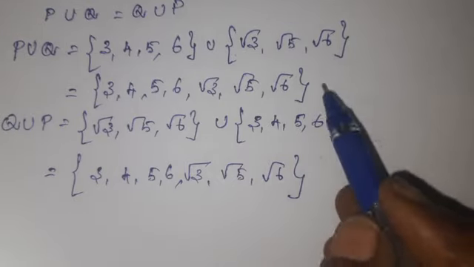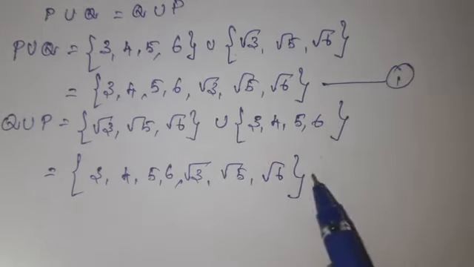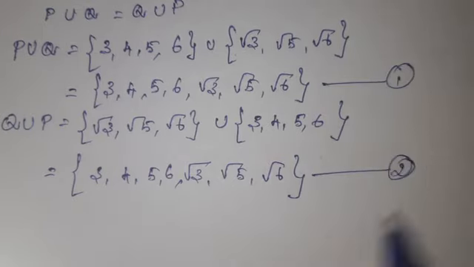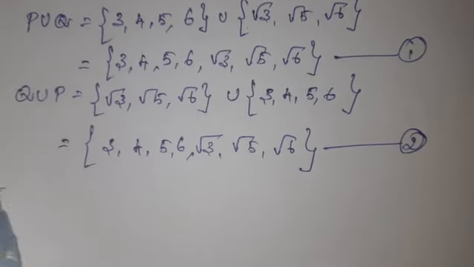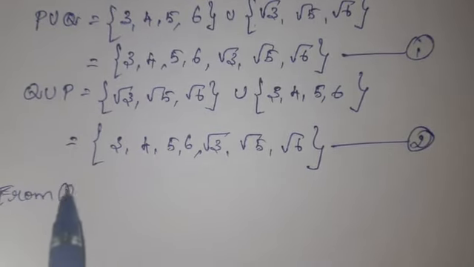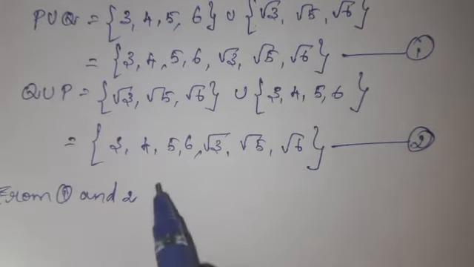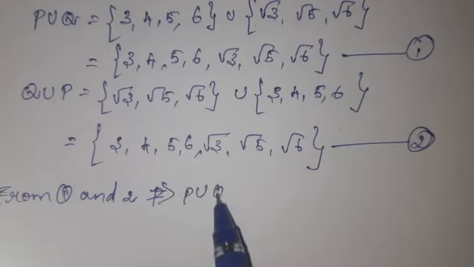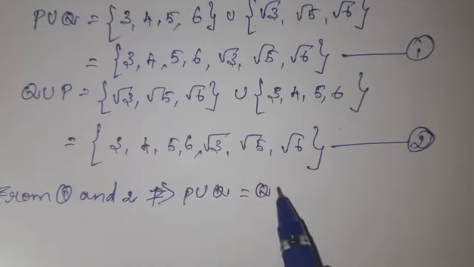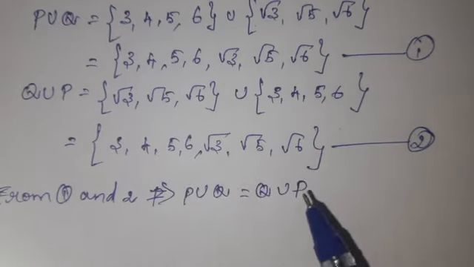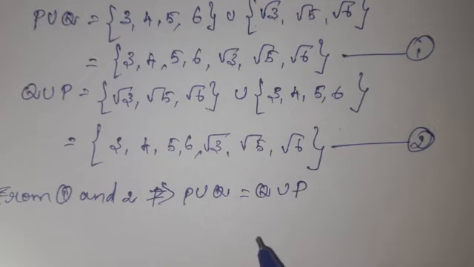I am giving this one as 1 and the other as 2. From 1 and 2, what do you get? Both are equal. That implies P union Q is equal to Q union P. It is verified that union of sets is commutative.